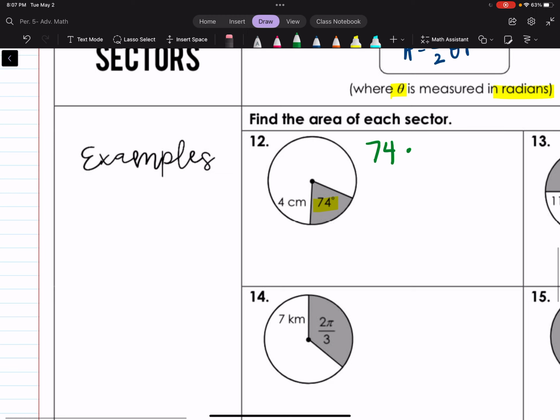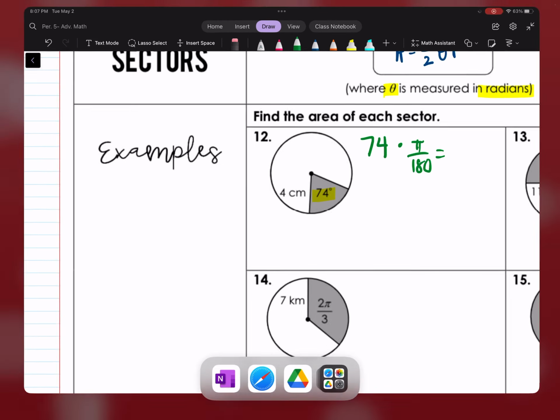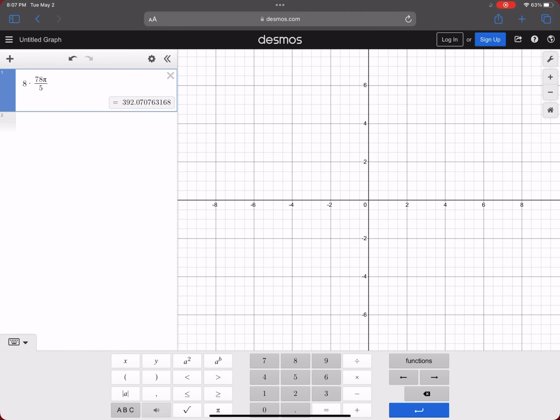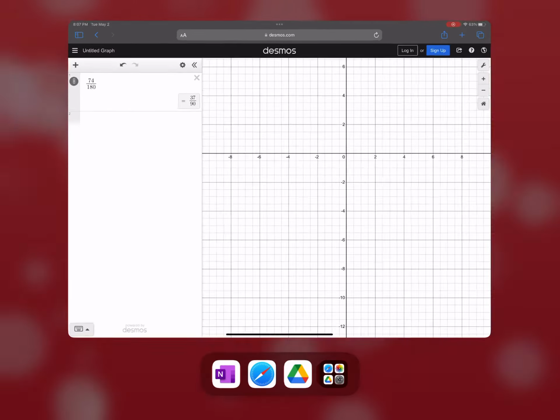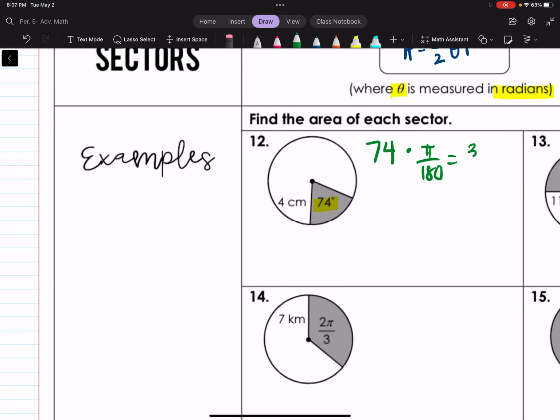Just use your calculators. You can type in 74 over 180 onto the calculator on Desmos and then get the approximation, which should give you 37 over 90. So this will be 37 pi over 90, and that's your angle in radians.